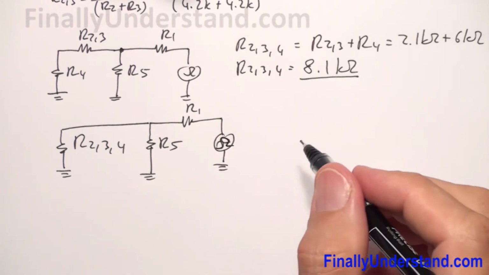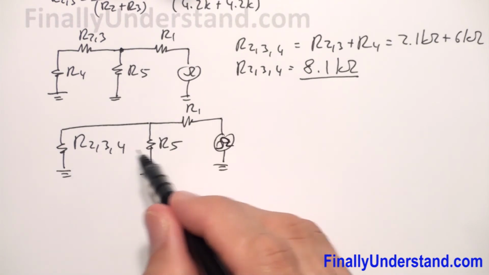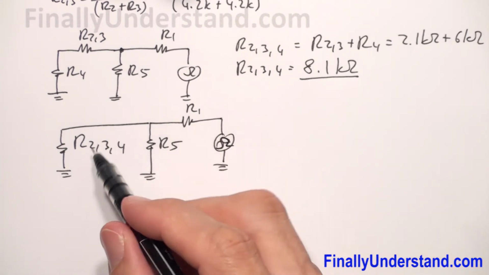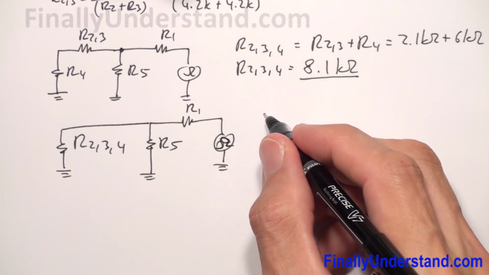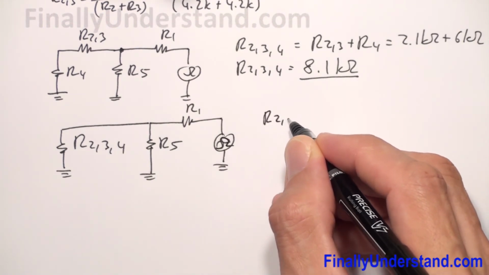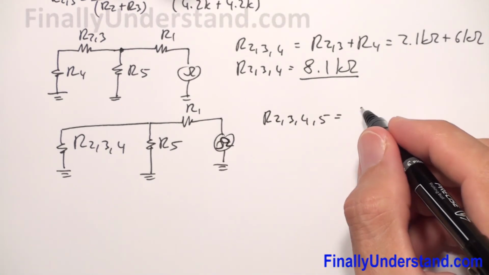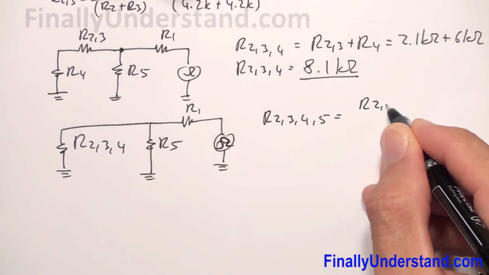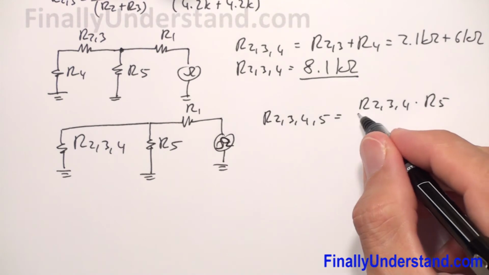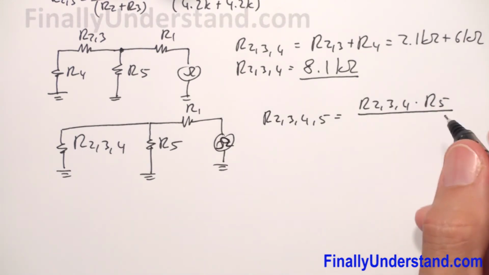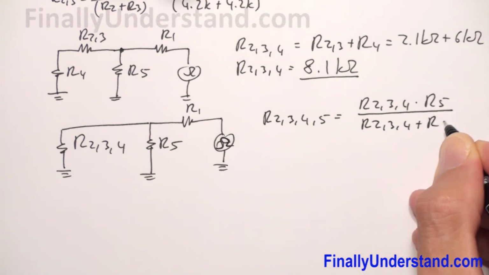So these two resistors are in parallel. Okay, R234 and R5, they are in parallel. So that's why I'm going to find the equivalent resistance of R2345, which is equal to R234 times R5 over R234 plus R5.